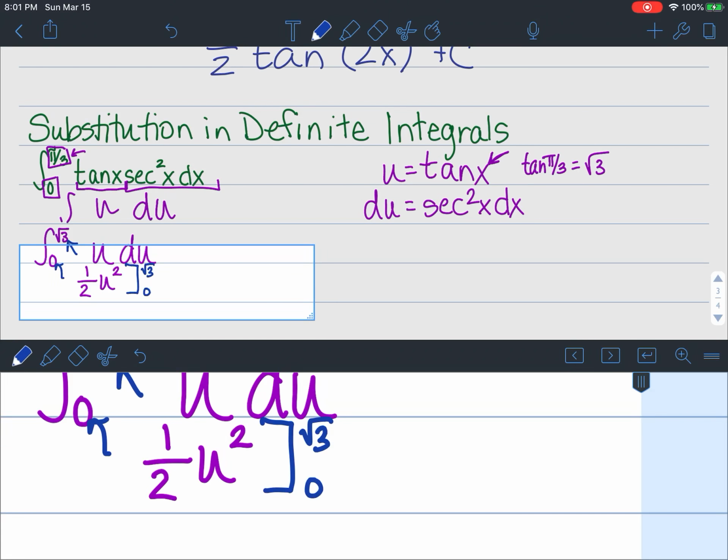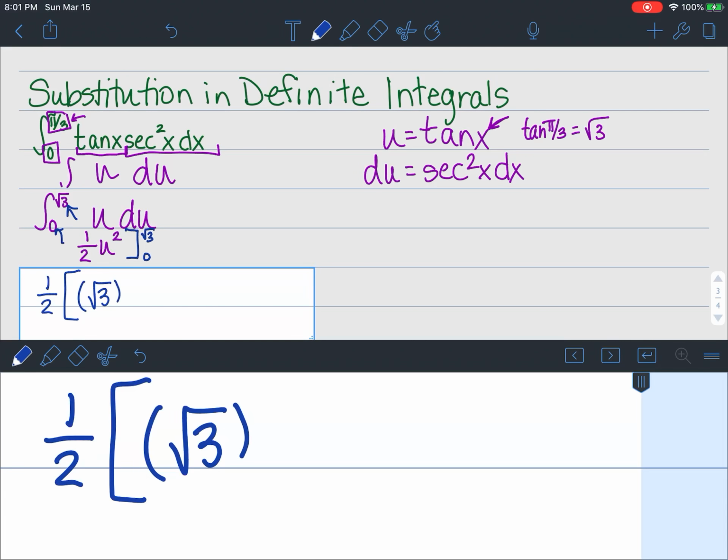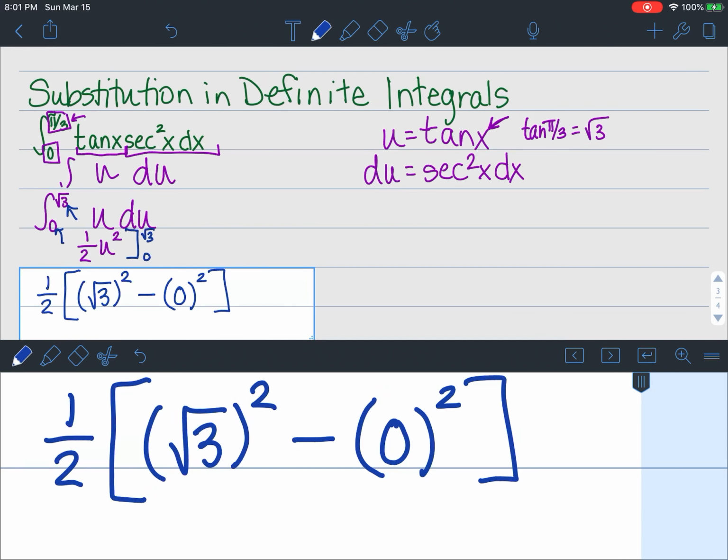I can just put these limits of integration in right now, and I'll just be done. So I'm going to leave this 1/2 all the way out front, and I'm going to substitute radical 3 in. And then I'll substitute 0 in. And remember, when I'm evaluating a definite integral, I substitute both the upper limit and the lower limit in, and then I subtract them.